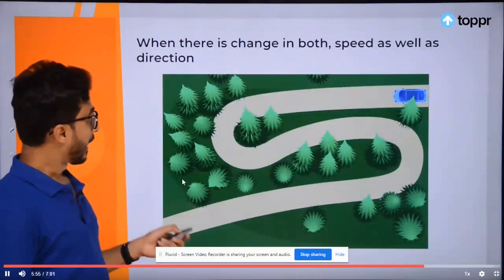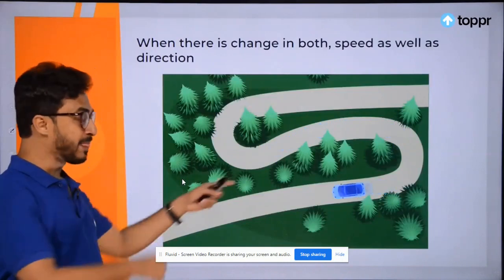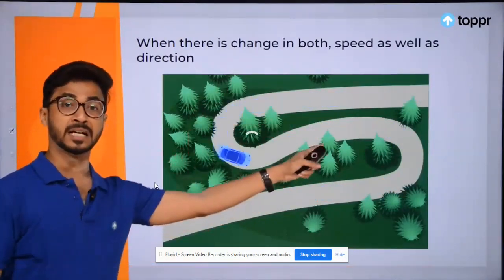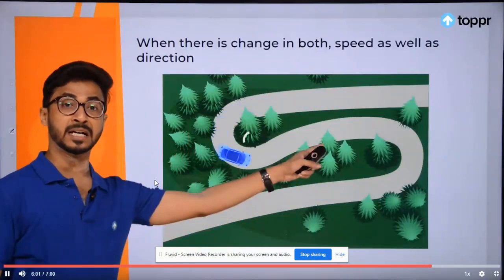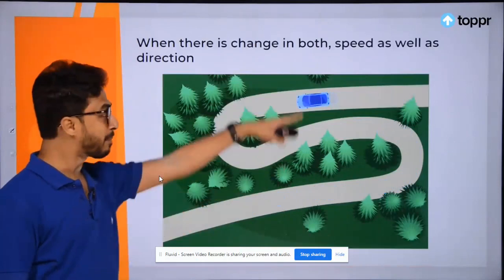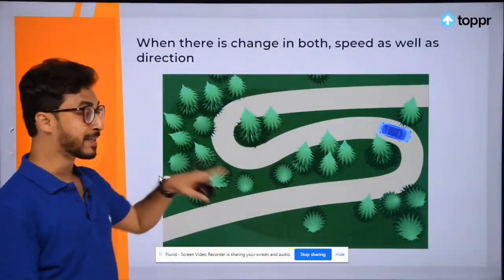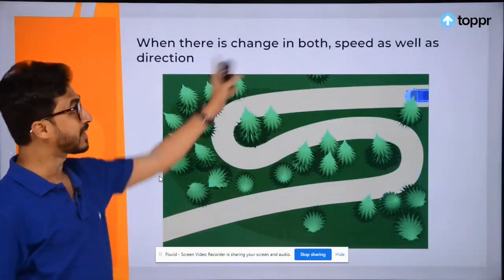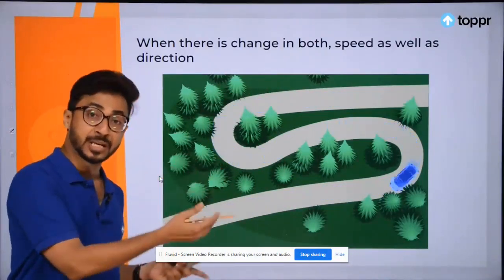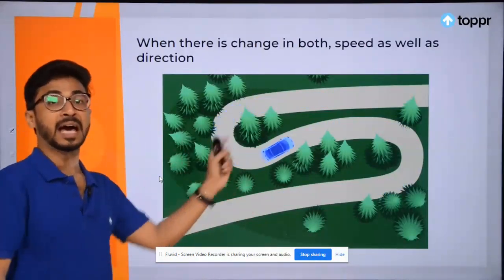Finally, this very interesting problem. See, in this, the car is taking a turn, at the same time it is speeding up. It is speeding up or it is slowing down. So at the same time, it is changing its speed and the direction. So acceleration is changing because of both the change in speed and the change in direction.